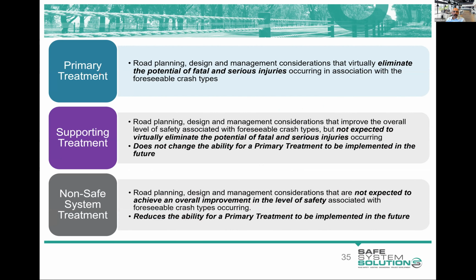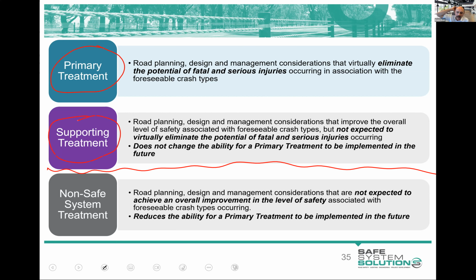But the thing is that those different ones that I just spouted off have different safety benefits. And we categorize those into primary or supporting. Now, non-safe system is a categorization, but you wouldn't be recommending things in that because that's going to make things worse. So you're really going to be going either a primary treatment or a supporting treatment.